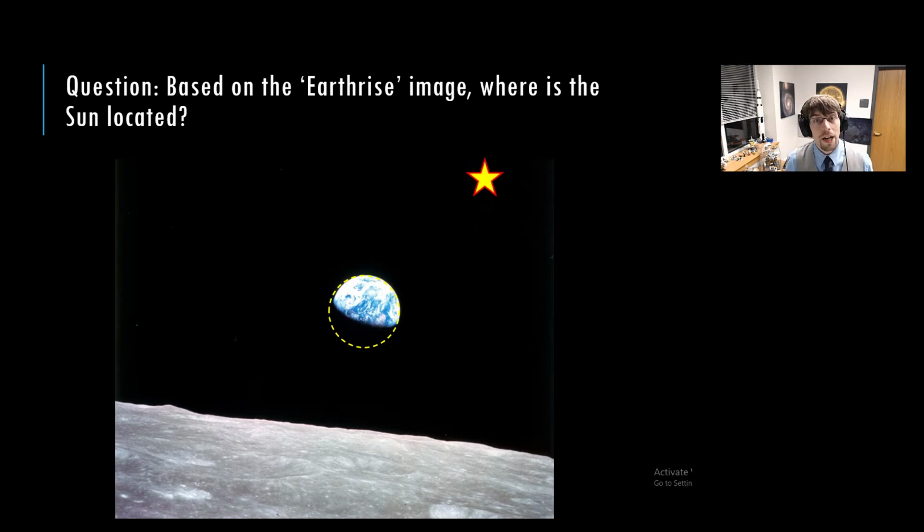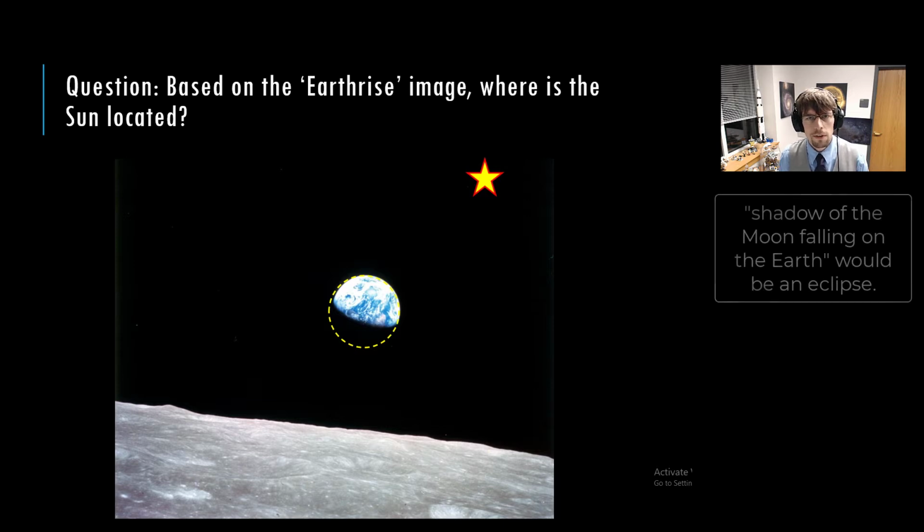Now, the thing I want to highlight for you is notice, okay, this is a slight byline, notice that the reason you can't see this part of the Earth is because the sun is on the opposite side, right? The reason you can't see this side of the Earth is because the sun's over here. Okay? It is not because the shadow of the moon falls on the Earth.